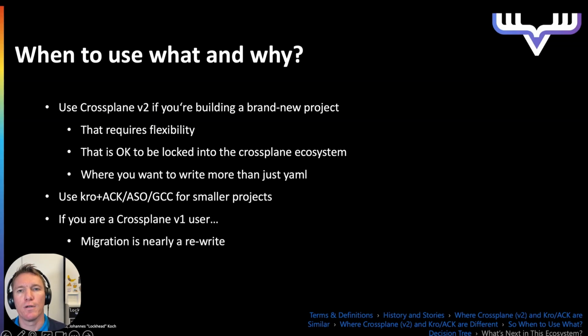So if you're already a Crossplane V1 user, I think it's a very hard decision. It's a very tough one, right? Because migration from V1 to V2 is actually nearly a rewrite to be able to use the new functionalities that Crossplane V2 has. As of now, custom resources from V1 are still going to be supported, but next year Crossplane will deprecate the availability of the current structure, and then you need to be migrated, right?